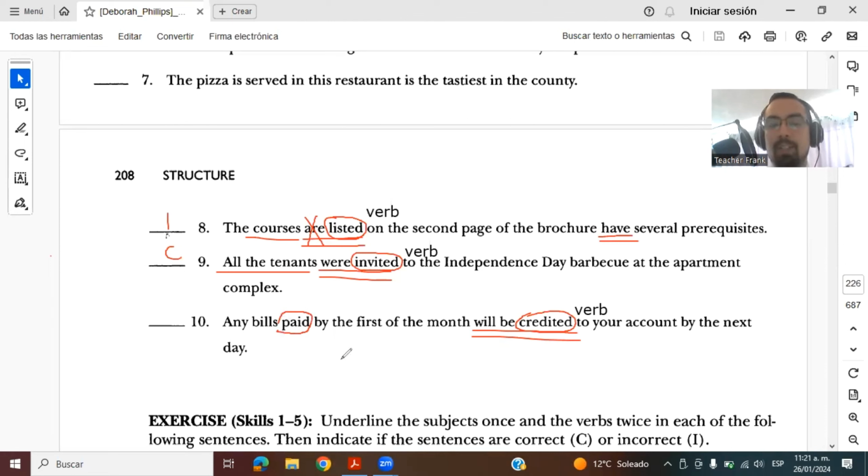This is the variation of a verb, right? Where I say, I pay you, I paid you yesterday. But since there is no variation of the verb be or have, it's an adjective and it doesn't cause any trouble, right? So who or what will be credited? Any bills or any bills paid by the first of the month. And this one is correct, okay?